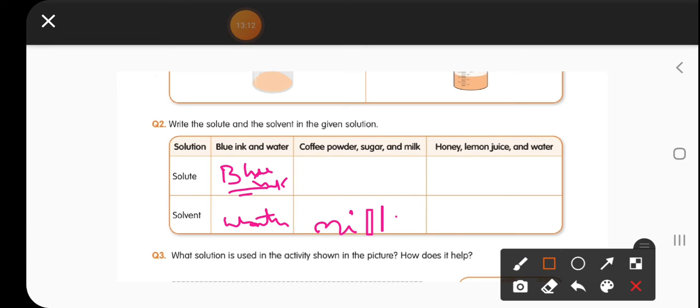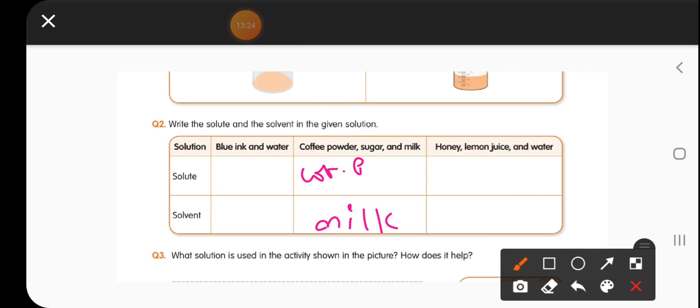Milk is the solvent here, and coffee powder and sugar are the solutes. Lemon juice, honey and water: water is the solvent, and lemon juice and honey are the solutes.